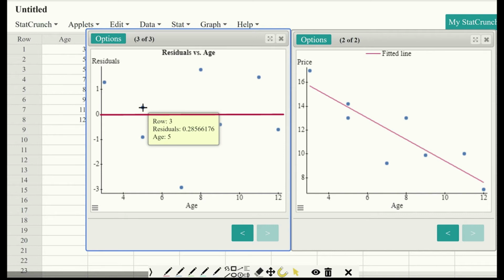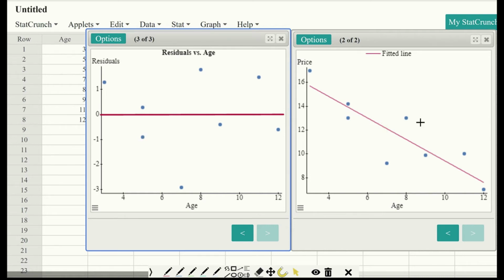Notice that we had the prices of 2 5-year-old Honda Accords. Remember, for one of them, the residual was 0.28. That means the actual price was higher than what the model predicted. Therefore, it had a positive residual. The other one, the price was less than what the model predicted. So therefore, that one had a negative residual, right?